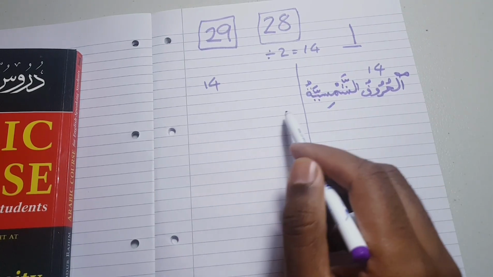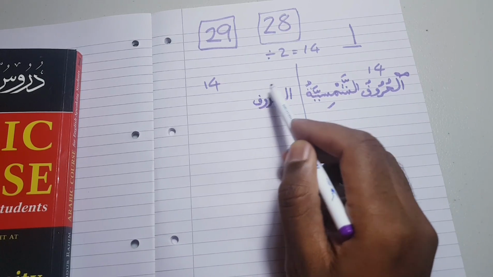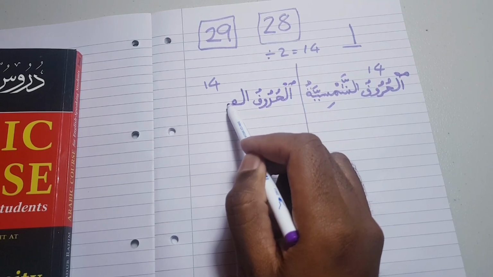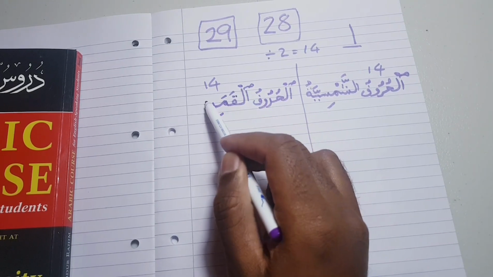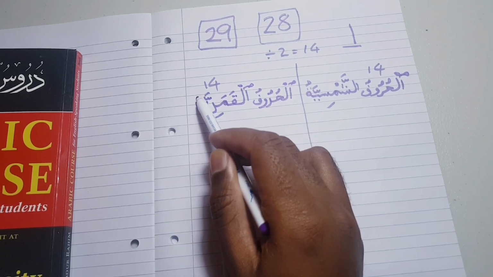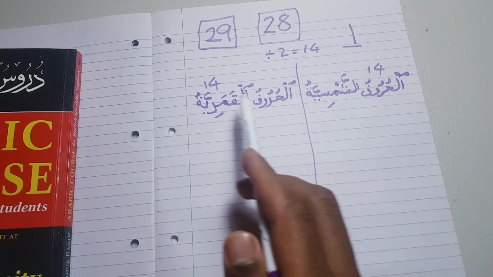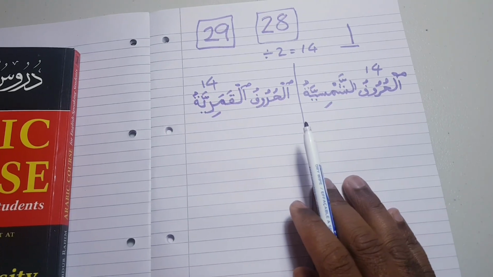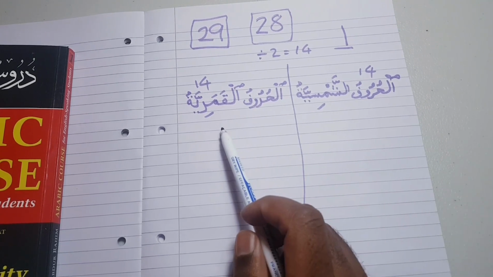And the 14 letters on this side, we're going to call them al-huruf al-qamariyah. So we have 14 huruf shamsiyah and 14 huruf qamariyah. We said there are 14 and there are 14.